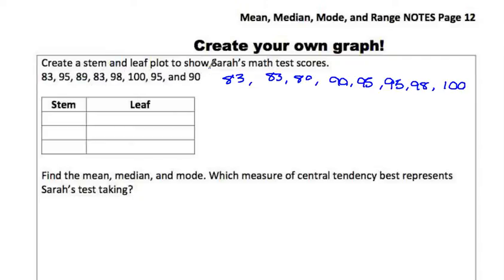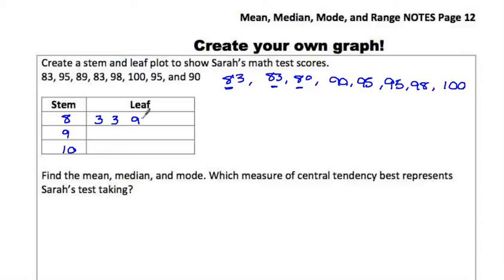Now, remember when you make a stem and leaf, your stem is your tens place and the leaf is the ones place. So I have stems of 8, 9, and 10. And the leaves are going to be 8 and 3 for 83, another 8 and a 3 for 83, and then an 89.